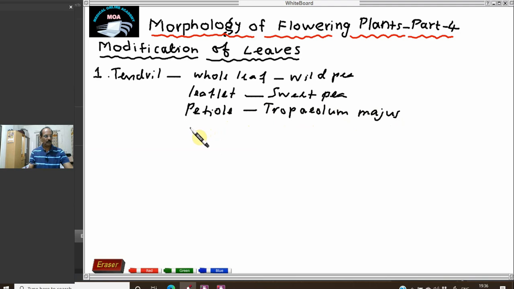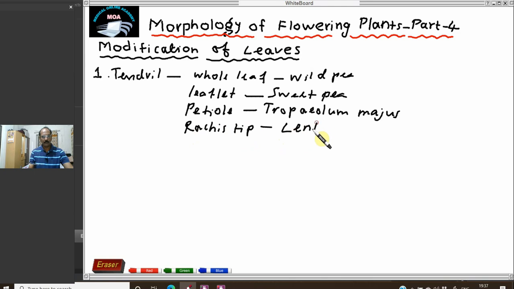And in the case of the lentil, the rachis tip is modified into a tendril. What is a rachis? The common axis of the pinnate leaf is known as the rachis. The rachis tip is modified into a tendril.